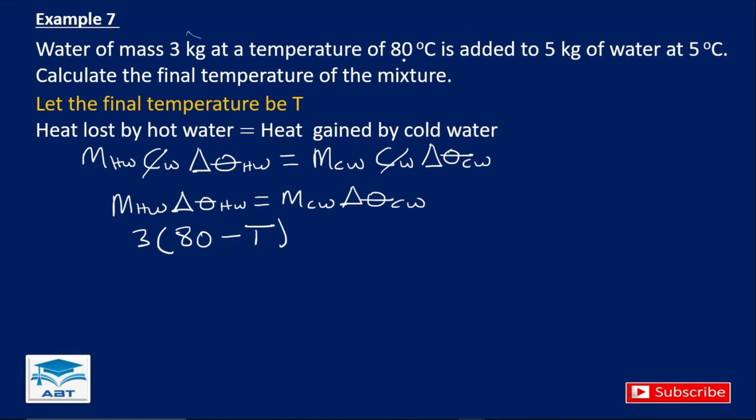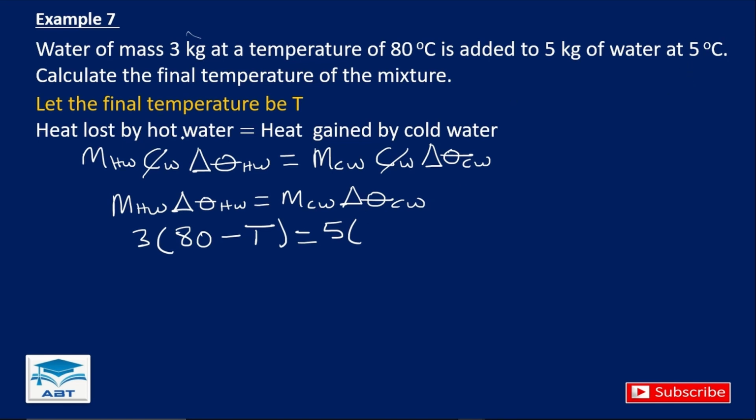It will lose heat from 80 and cool all the way to the final steady temperature. And for the cold water, the mass is 5 kilograms. And let's look at the temperature change of the cold water.